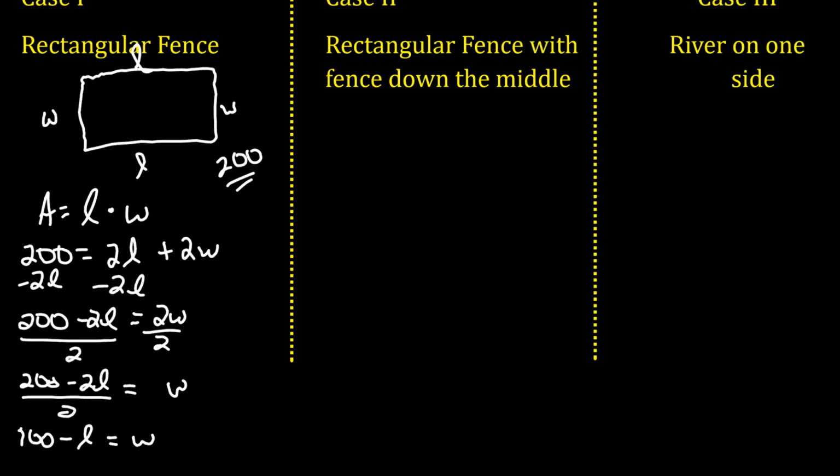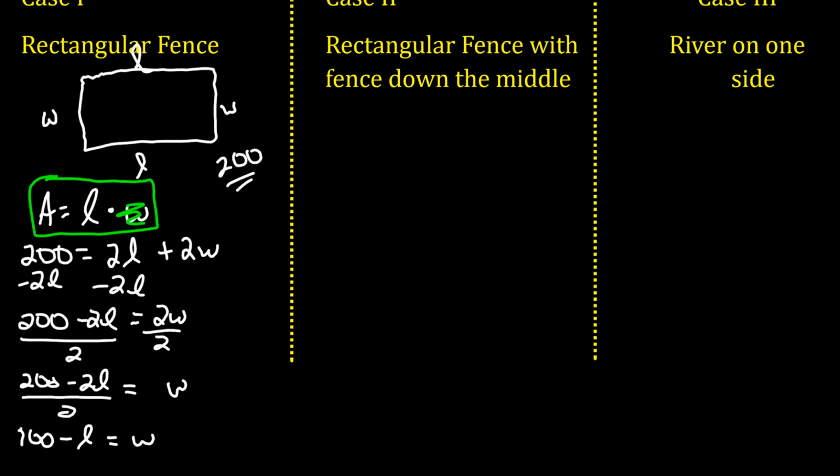And so we're going to go back, because we want to figure out the maximum area. Since we're trying to figure out the maximum area, we're going to plug this area formula into Desmos. But I'm not going to put W into that formula.